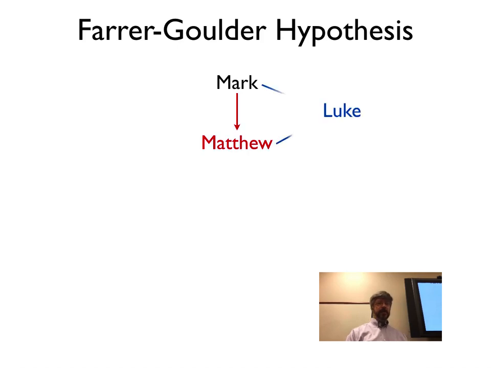Any questions about the different gospel models? Okay, of the three, I prefer this one. Although again, the truth is probably more complicated and complex than we can represent in a simple little graph like this.